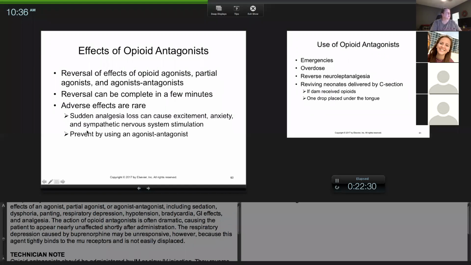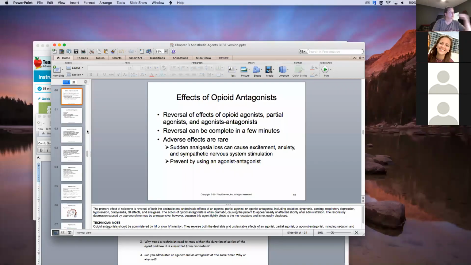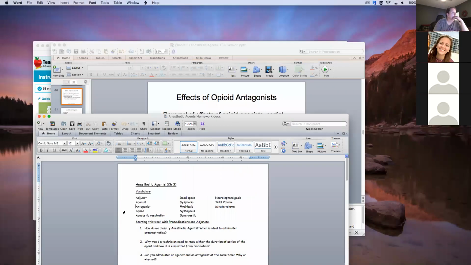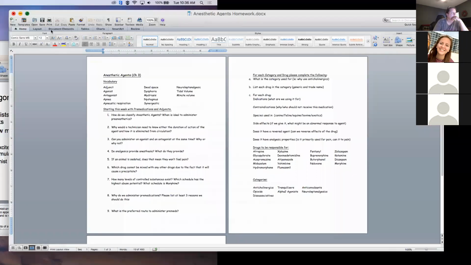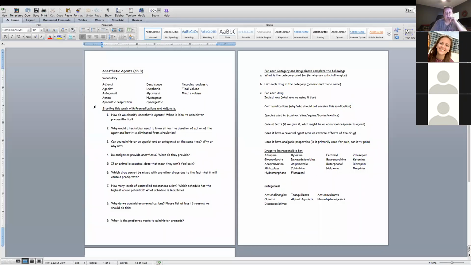Let me get to, okay, if everyone can see this homework sheet. You were supposed to be familiar with this vocabulary. Now, the drugs.